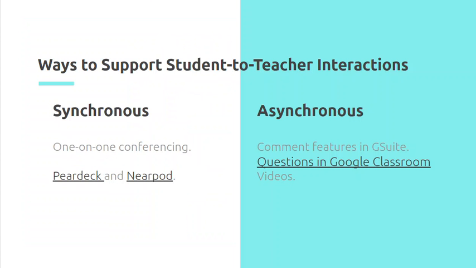Some ways that we can support student-to-teacher interactions in a synchronous environment is we still need to have one-on-one conferencing. We can use tools like Pear Deck and Nearpod, and for asynchronous options and interactions, we can use the comment features in G Suite. So when your students are working on their writing, for example, you leave a comment on their work to give them that interaction, that immediate feedback that they need in order to improve their writing.